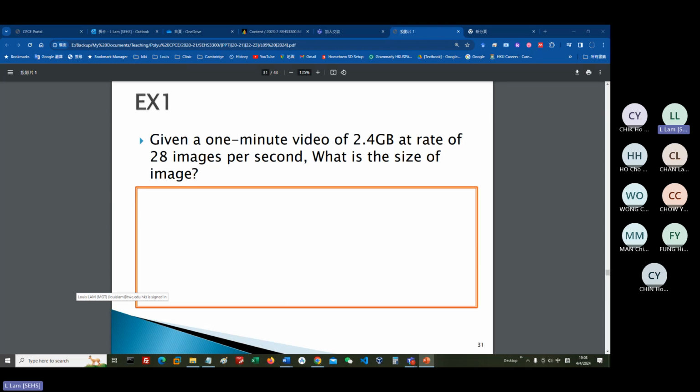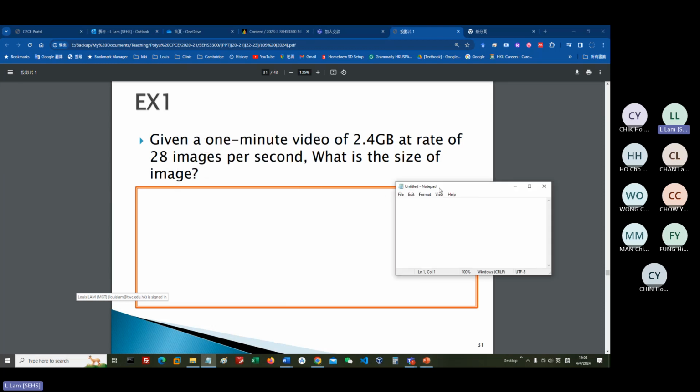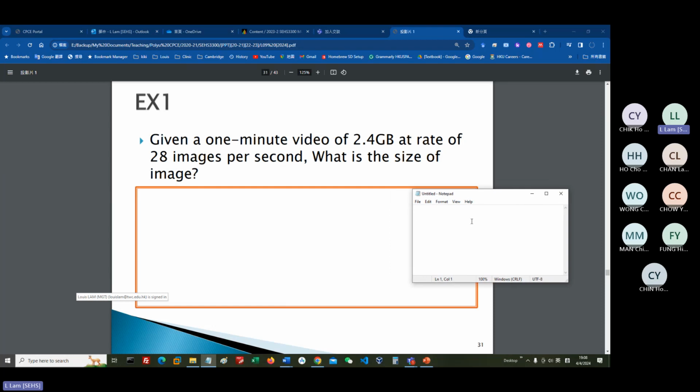Okay, so let's take a look at this exam exercise, and see if you can calculate correctly. So this one is the reverse calculation of the previous example. The video size, so this one is Exercise 1. Exercise 1, and the video size is 2.4 GB.